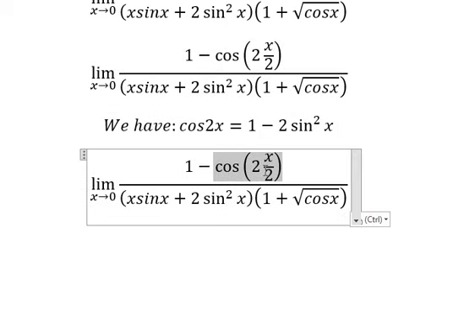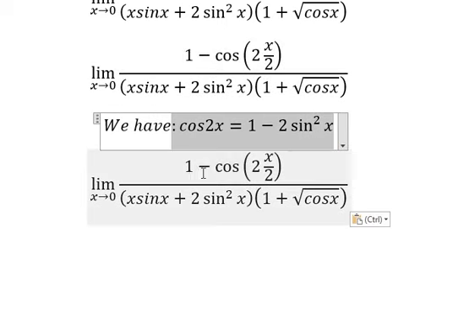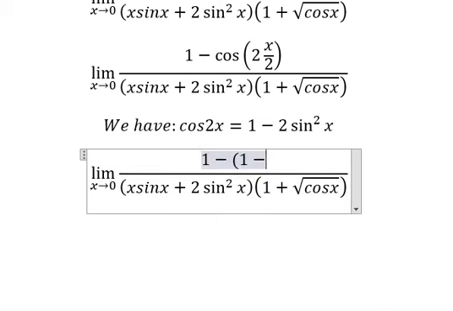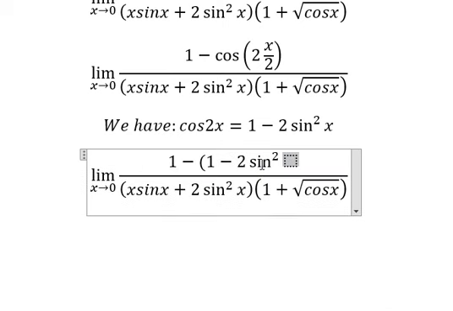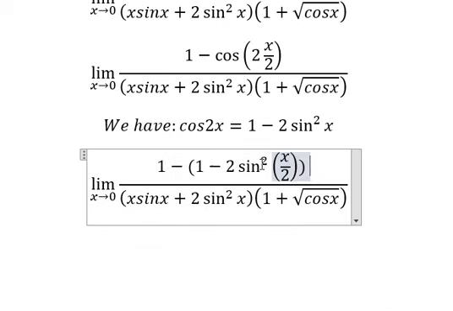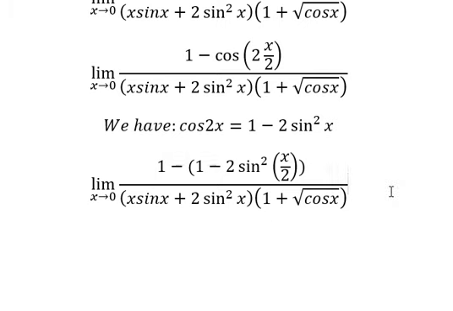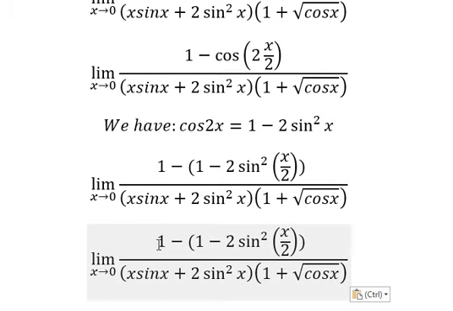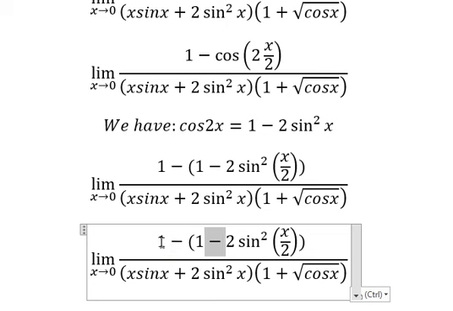Now we need to transform this one into this one, and we have like this. So 1 minus 1, we cancel negative, negative, we have positive, and now we have like this.